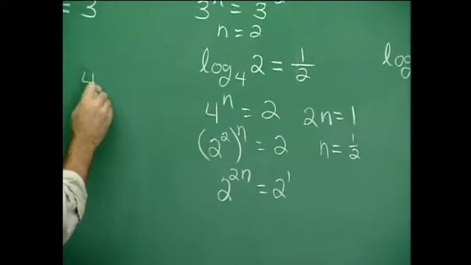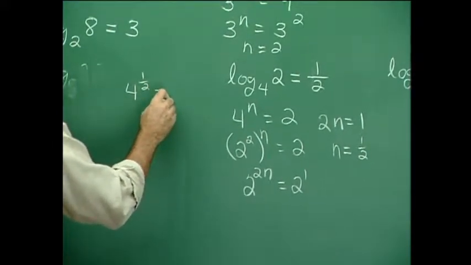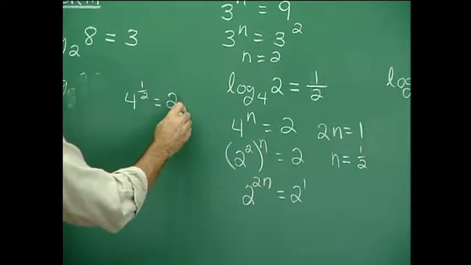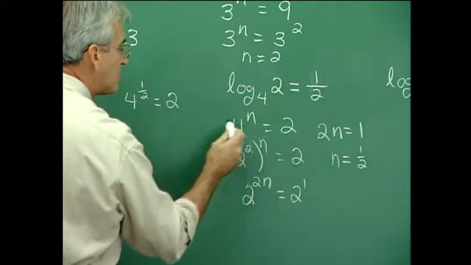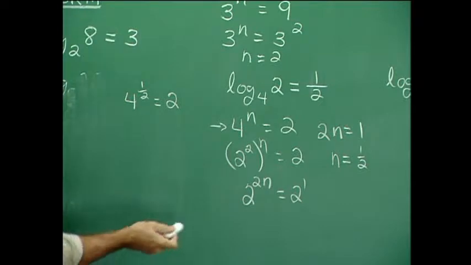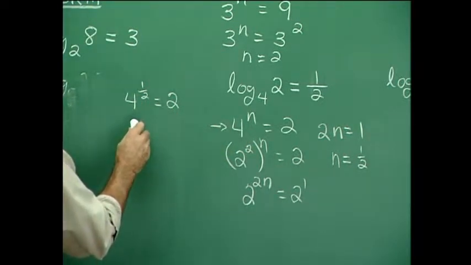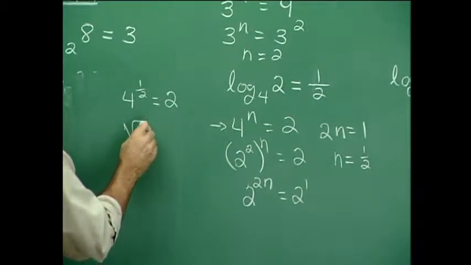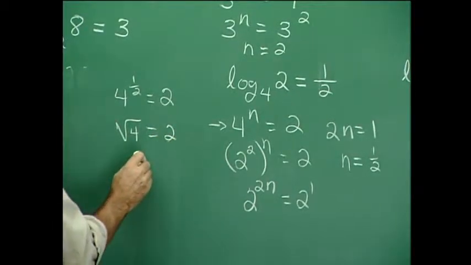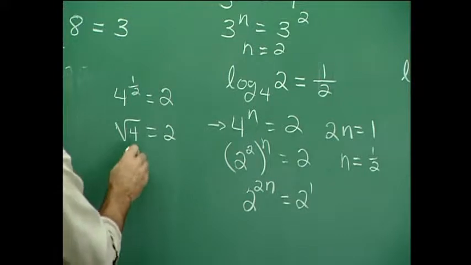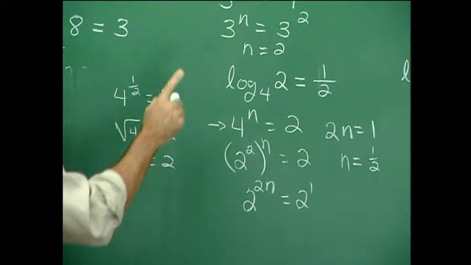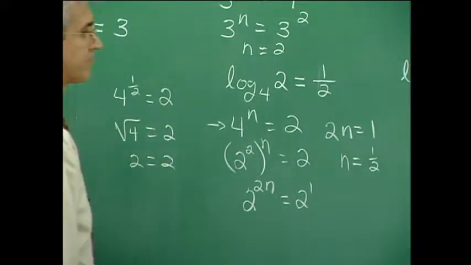That's what this says, and we found n to be 1/2. Is this true? Well, the 1/2 exponent is an implied radical, so this is the square root of 4 equals 2, and the square root of 4 is 2. And so we do have truth, and therefore this is correct.